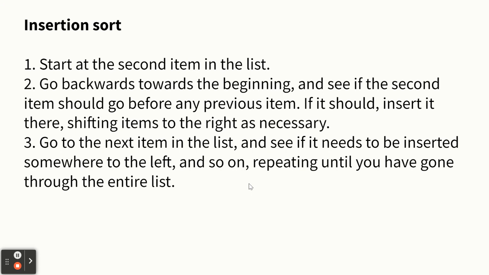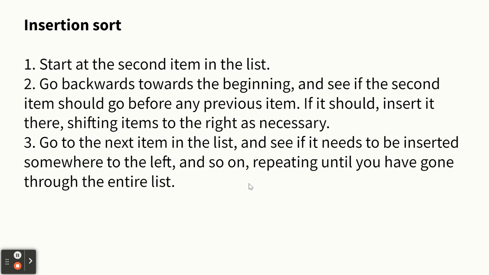So if we're doing an insertion sort, we're working with a list, whether it's an array or an array list, anything you're going to sort. You start at the second item of the list, and then you go backwards towards the beginning and see, should this second item go before anything to my left?